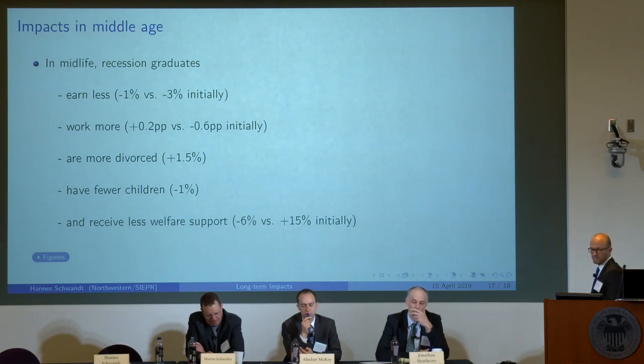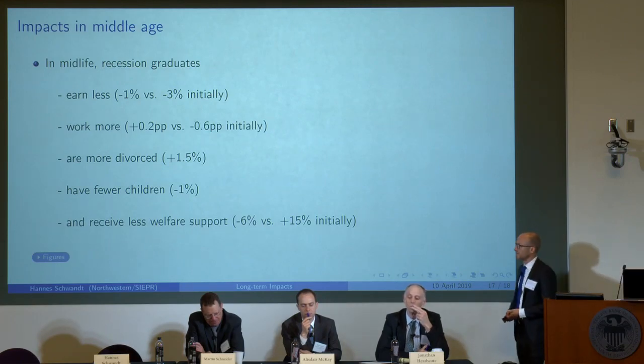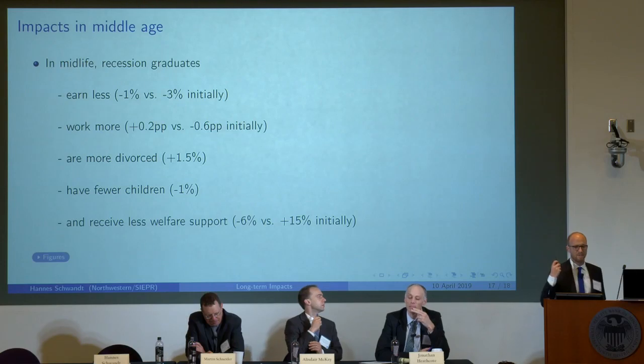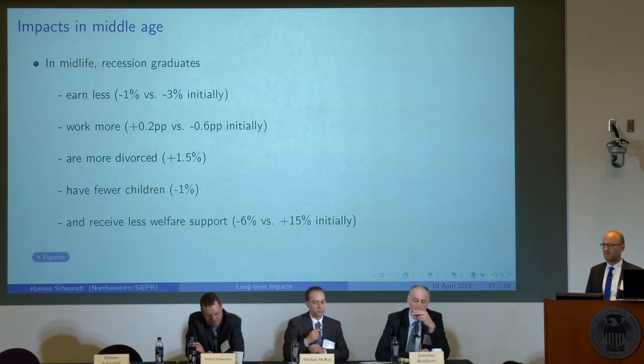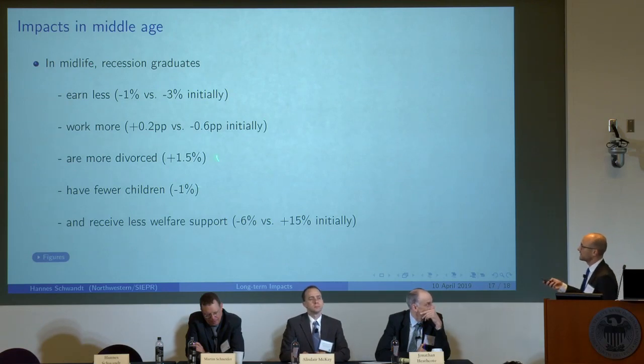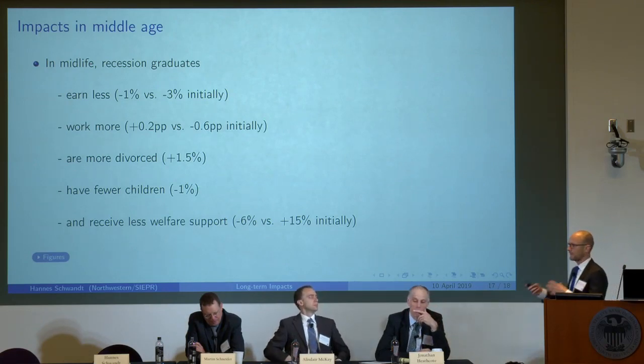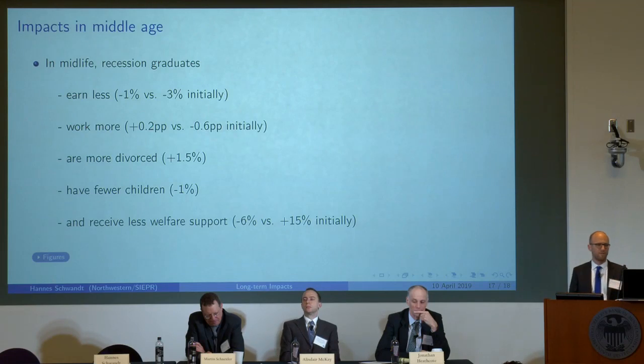And finally, we saw the strong increase in welfare support. But what happens in midlife is that people actually receive less welfare support, which could be linked to the fact that they're living alone, they don't have children, and maybe they fall a little bit through the cracks of the system because they don't qualify for those benefits anymore.